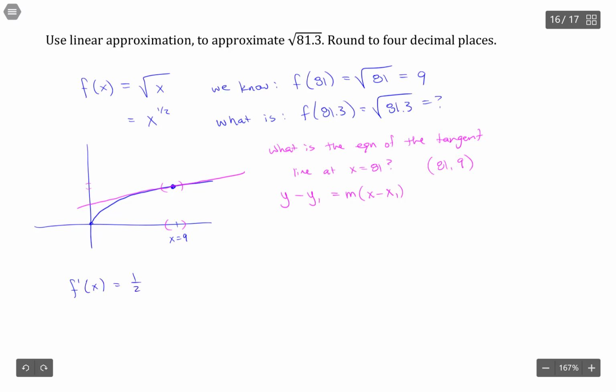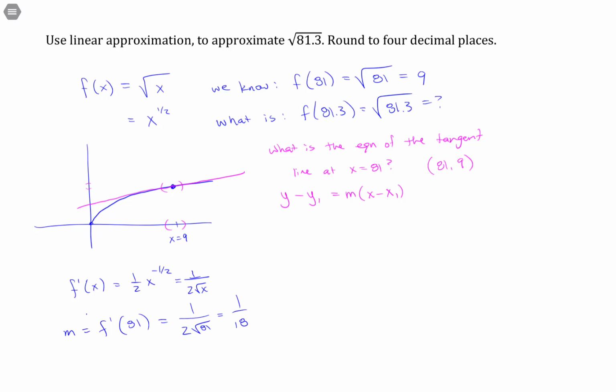So the derivative here would be 1/2 x to the negative 1/2 power, which is 1 over 2 square root of x. All right, now the slope that we're looking for is this derivative evaluated at 81. So 1 over 2 times the square root of 81, which is still a known value, and that is going to be 1 over 18. All right, because square root of 81 is 9, 9 times 2 is 18.